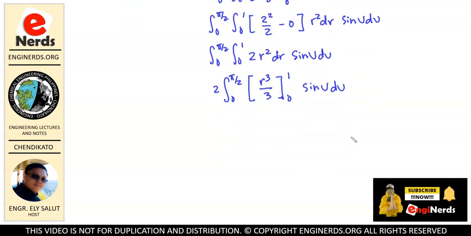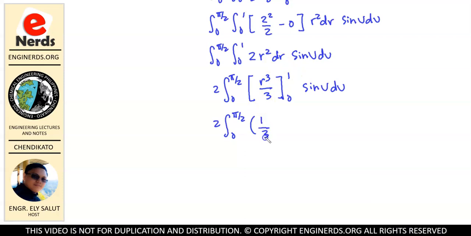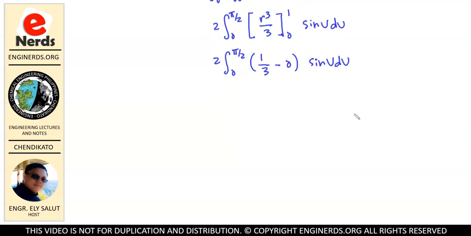So, we have 2, the integral from 0 to pi over 2, and then r cubed. Papalitan natin yung r ng 1. So, I will have 1 cubed, which is still 1, over 3 minus, papalitan natin yung r ng 0. That will be 0. Okay? So, we still have sine u du.